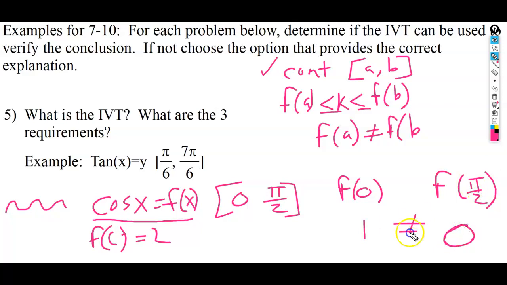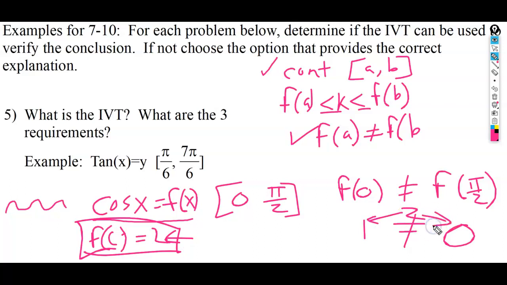Those are not equal, so that's good too. But take a look here, f of c equals 2. That kind of represents our k value. So in this case, is 2 in between 0 and 1? And the answer is no. So in this case, we would say no, the IVT doesn't apply because f of c is not in between f of a and f of b. Okay.